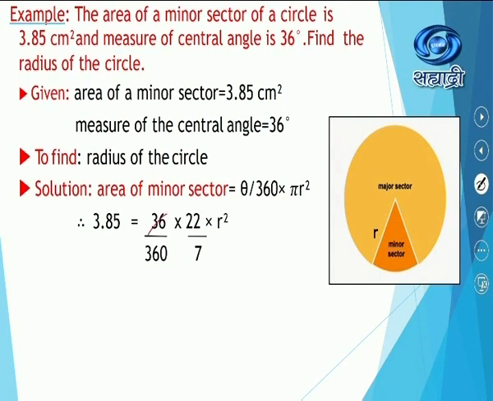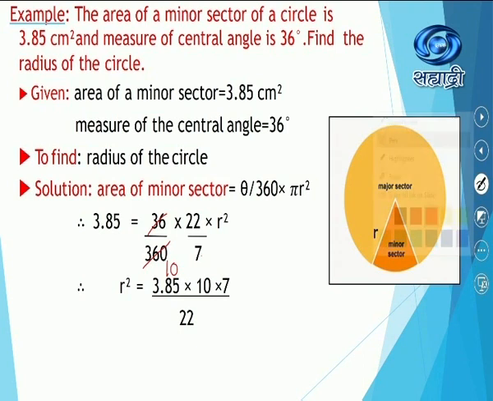So here 36 tens are 360. So let's see the next step. r squared will remain at one place. This 10 and 7 will go and multiply. So 3.85 into 10 into 7 upon 22.